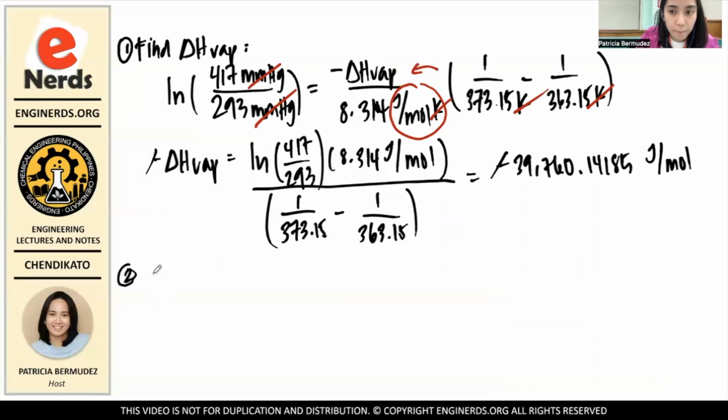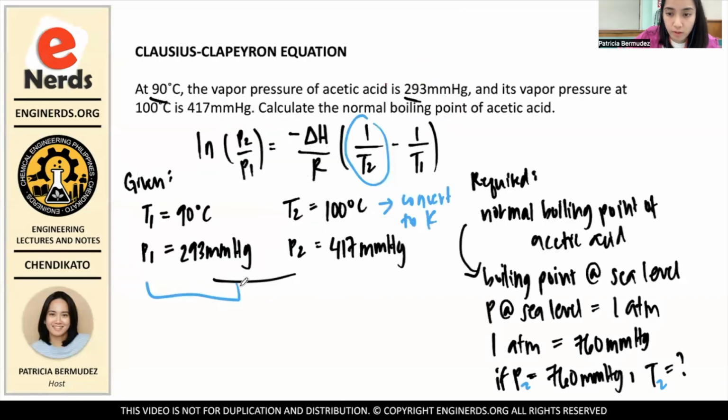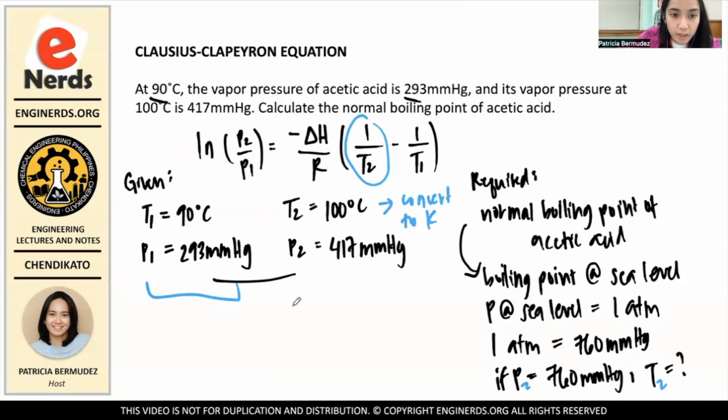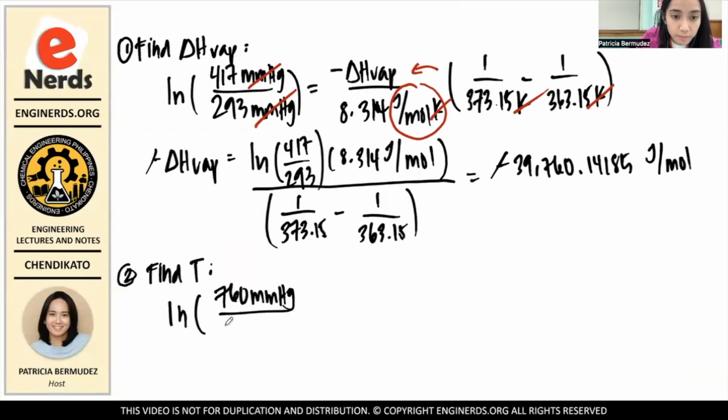ang ating ln of P2 over P1 would become, so ito yung magiging P2 natin, 760 mm Hg over yung P1 natin here, which is 293.